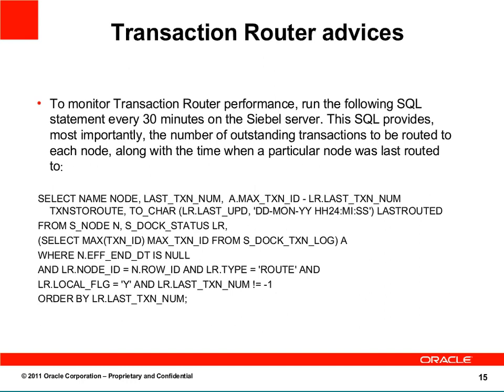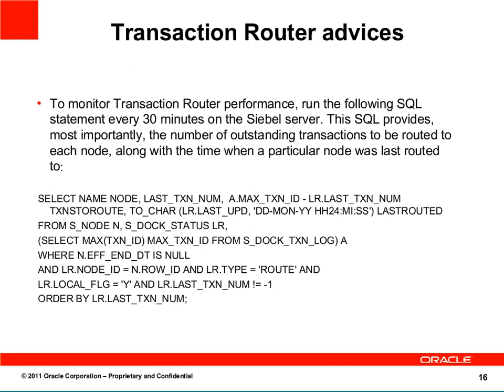Some more advice about the transaction router: very often, twice a week for example, monitor transaction router performance by running the following SQL statement below on the presentation, and run it every 30 minutes on the Siebel server.